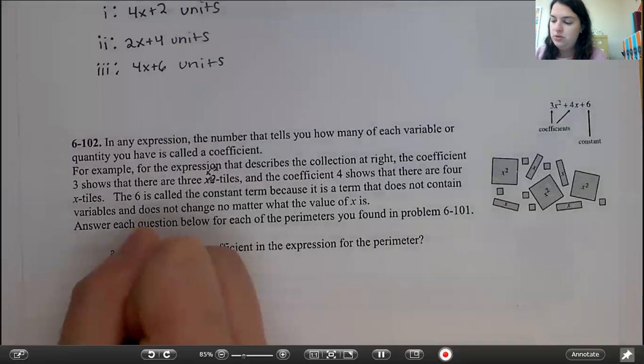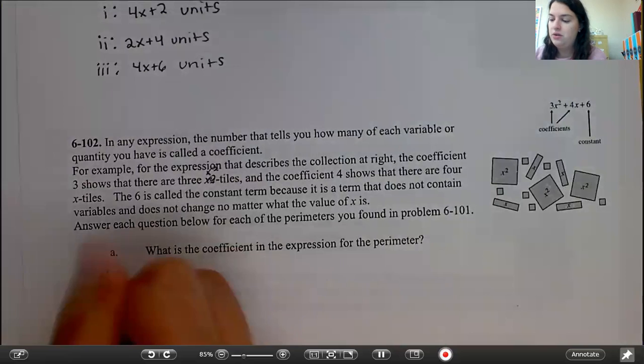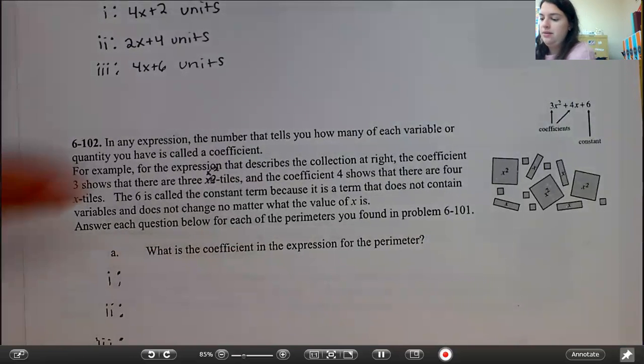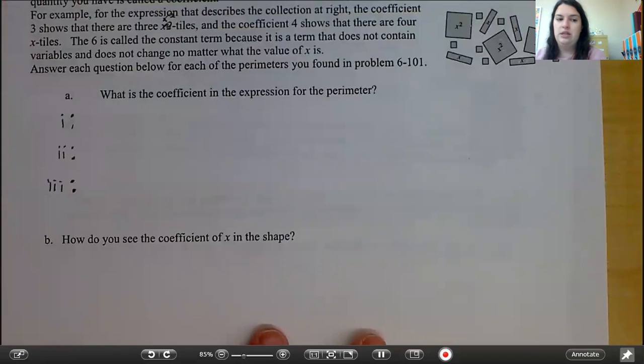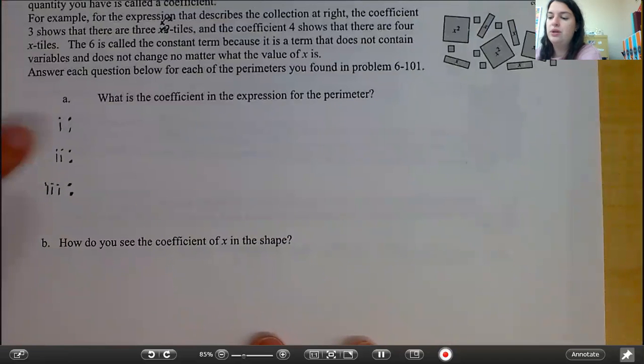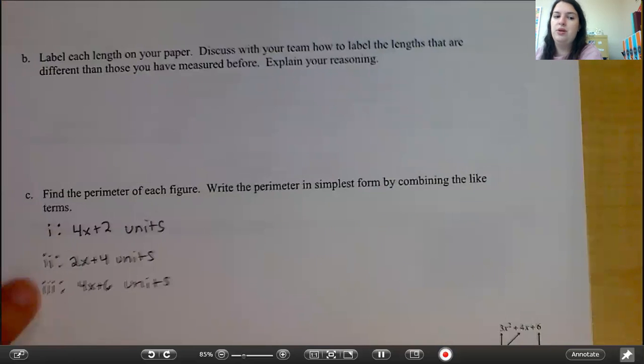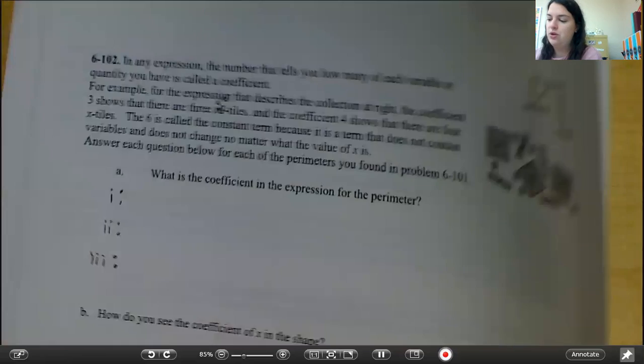For 2, you're going to write the coefficient. For 3, you're going to write the coefficient. Okay? And then you're going to continue on. Make sure you're doing it for each one of those figures in the first problem. So each perimeter that you see up here, you are answering the questions down in 6.1.0.2.